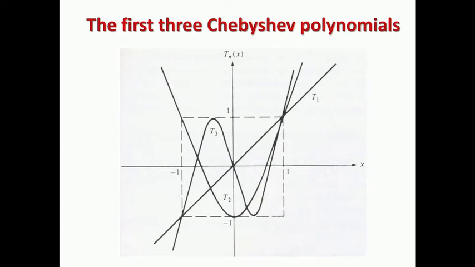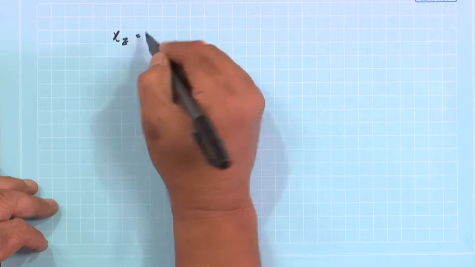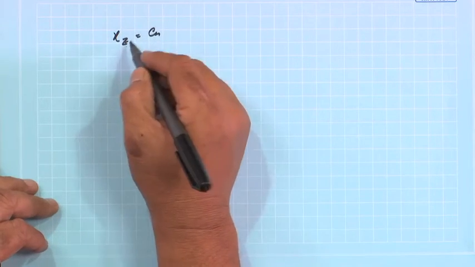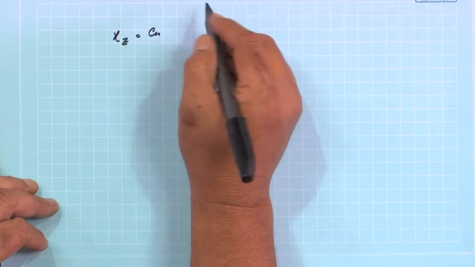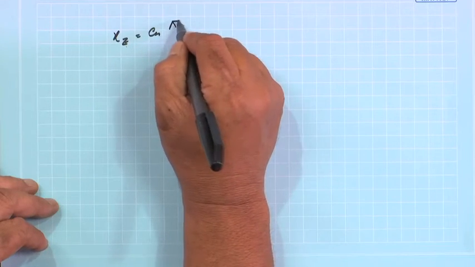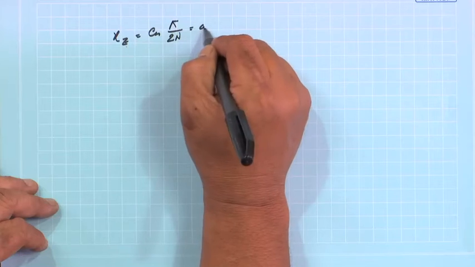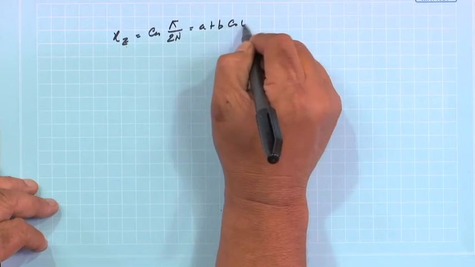So, the main beam extends from the last 0 of Tn x before x reaches the value of 1 up to x 1. If the beam null is placed at theta z, then the corresponding value of u you can find, and then x z you can find. That value x z will become the point of 0 before the last one. So, cos pi by 2 n is equal to a plus b cos u z.